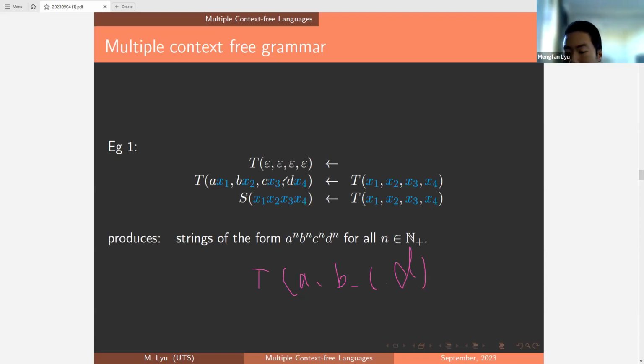If we stop using the second rule and get into the last rule, we will get S. We just multiply them up, and the final one is abcd. And if we use the second rule twice, then we will get a squared, b squared, c squared, d squared. Also, if we use it n times, then we will get a to the n, b to the n, c to the n, d to the n, this language.